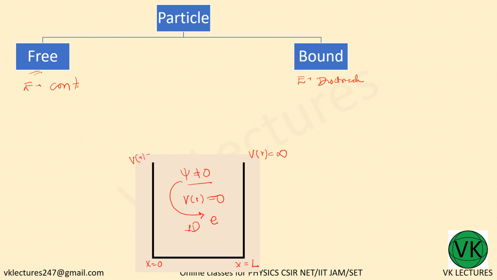Why? Because we do not want the electron or particle inside the box to go out of it. If it has to go out of this box, we should give it infinite energy so that it escapes the box.